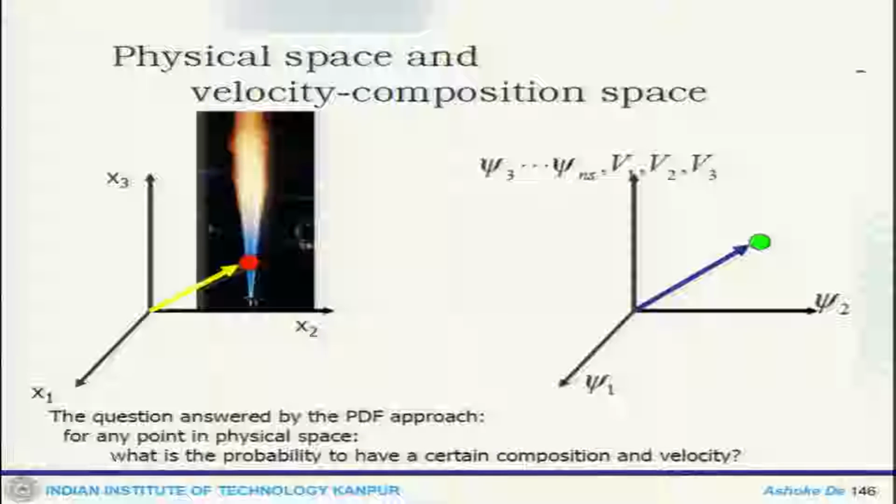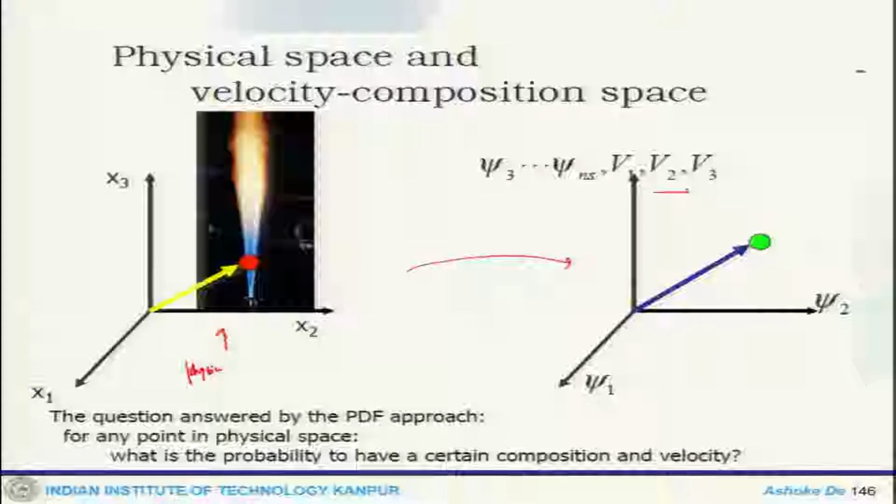What is important is that we will move to the discussion of the velocity composition space. So, this is our physical space where the flame is, an unconfined flame, and when you go from the physical space to the velocity composition space, you have all n scalar compositions along with the velocity components.